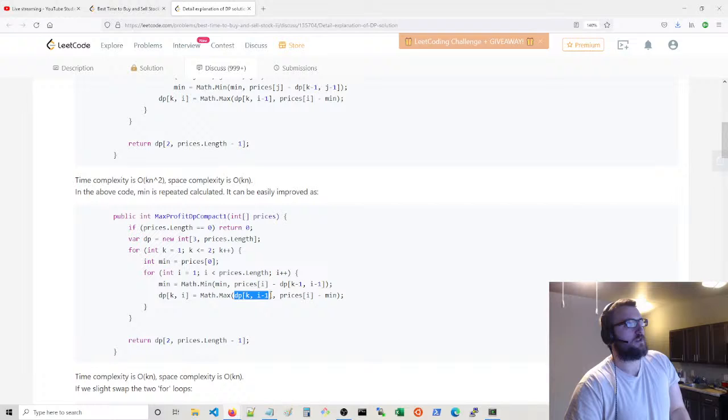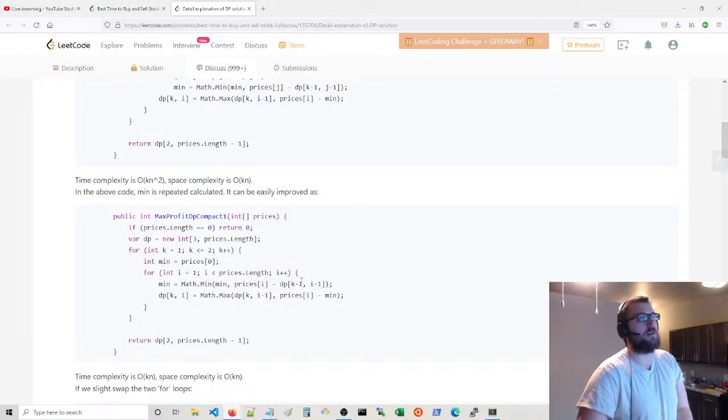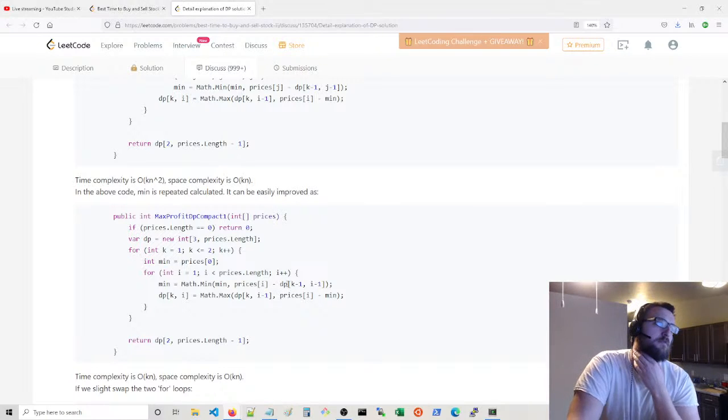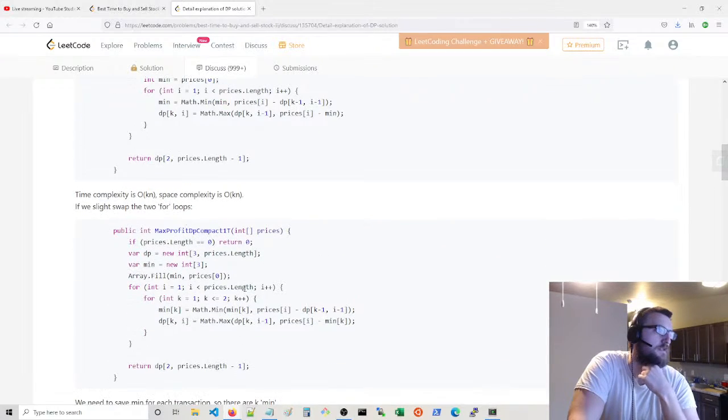So dp of k would be the current array, dp of k minus 1 is the previous array, and you update the current array with whatever the previous value is, or with this price of i minus min, and then min you'd update according to the previous array value. Yeah, you do it that way.